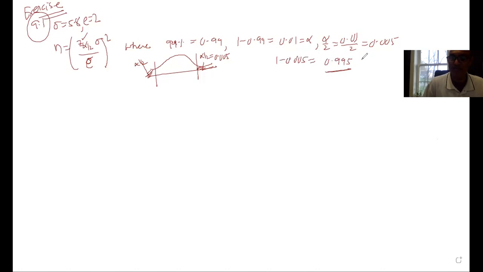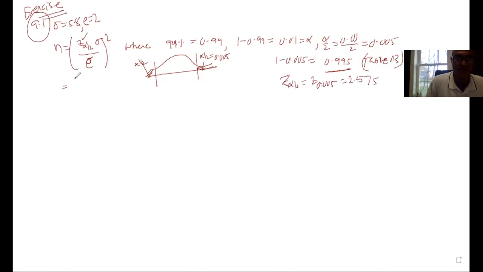And if you find this value in your table A3, the corresponding value is nothing but 2.575. You already figured it out. So I would say that Z alpha by 2 is equal to Z 0.005, always the Z value, that is equal to 2.575.